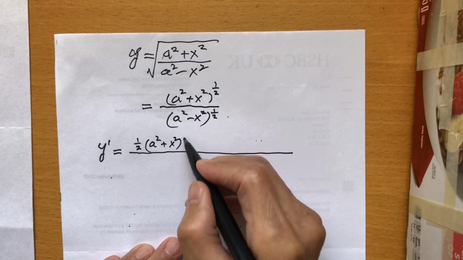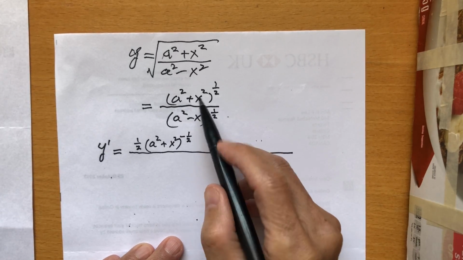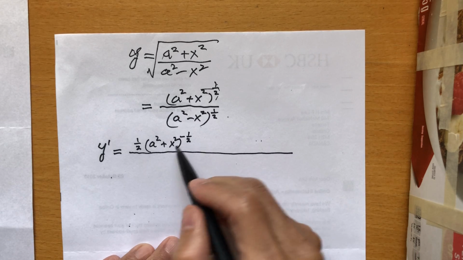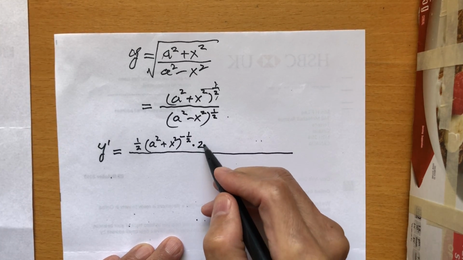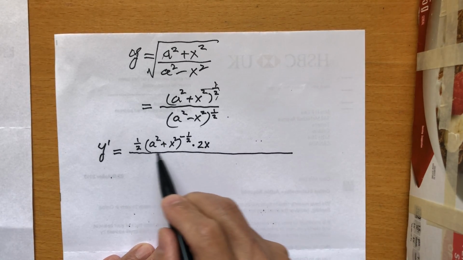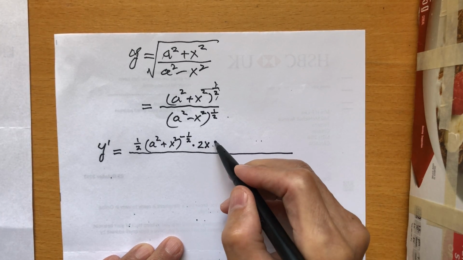This minus 1. This is not the end. For u prime, the power rule, followed by the derivative, which is 2x. This is u prime, and multiply by v, the bottom.